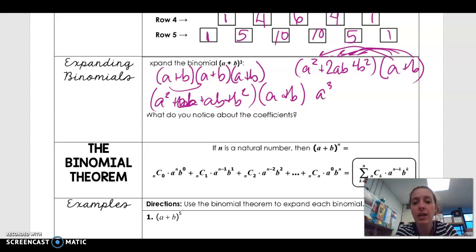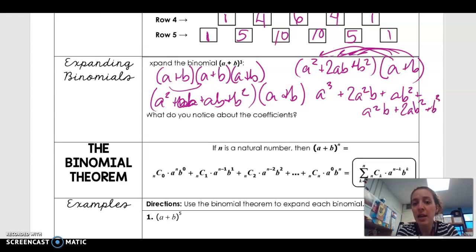I end up with a cubed plus 2a squared b, plus ab squared, and now I'm going to multiply my b in, plus a squared b plus 2ab squared plus b cubed.